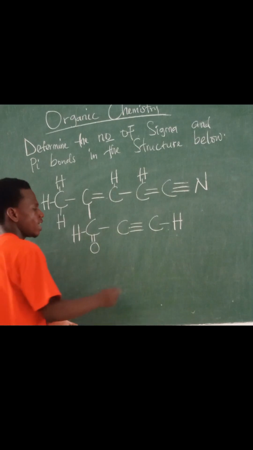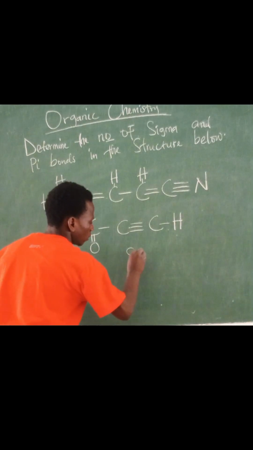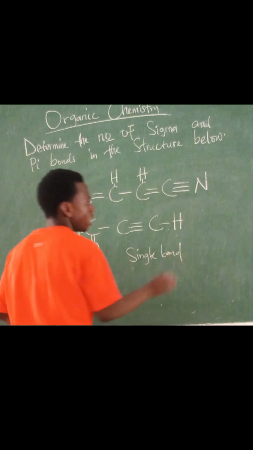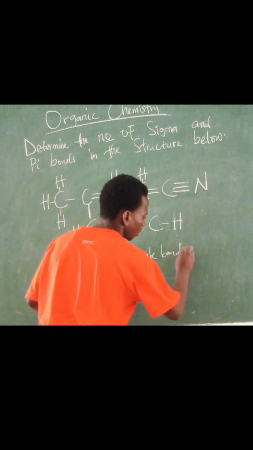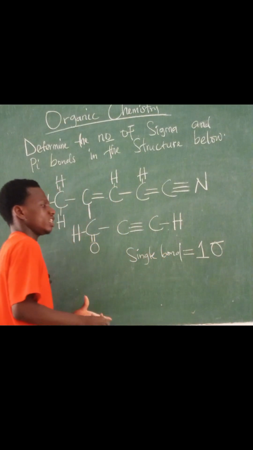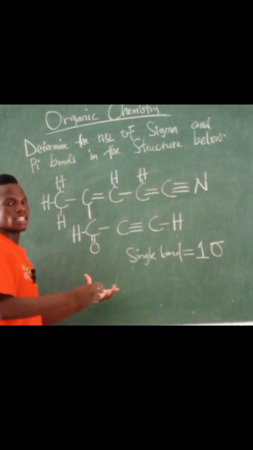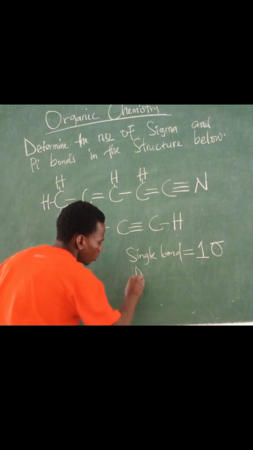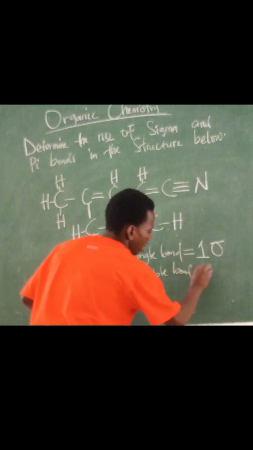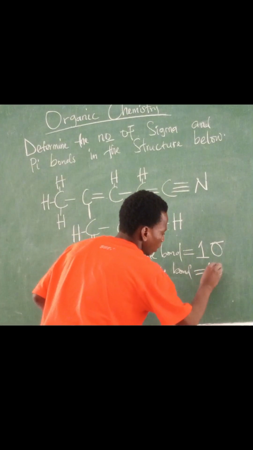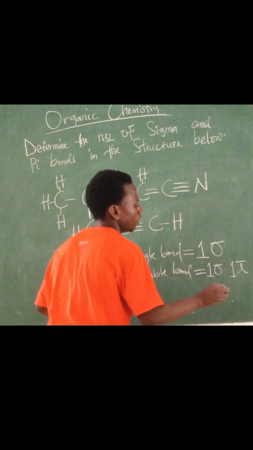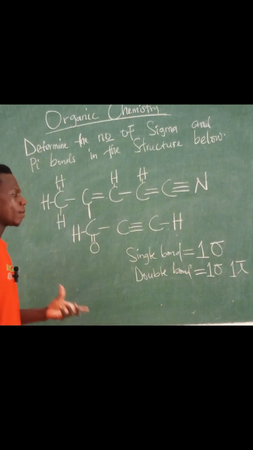Know that where there is a single bond, there is just one sigma bond in that particular connection. Where there is a double bond, there is one sigma and one pi.